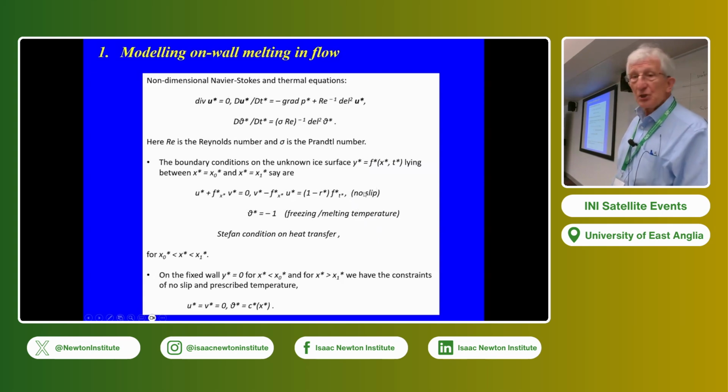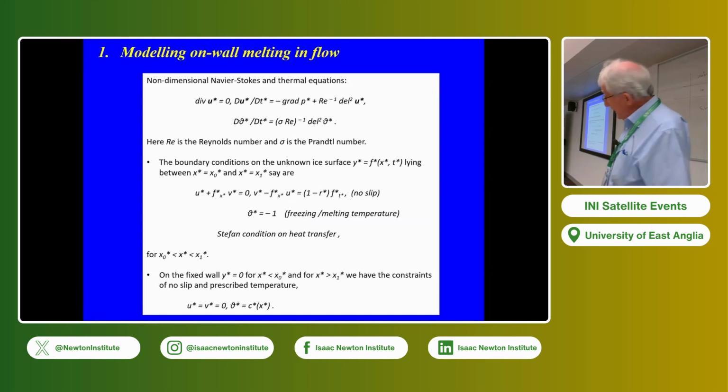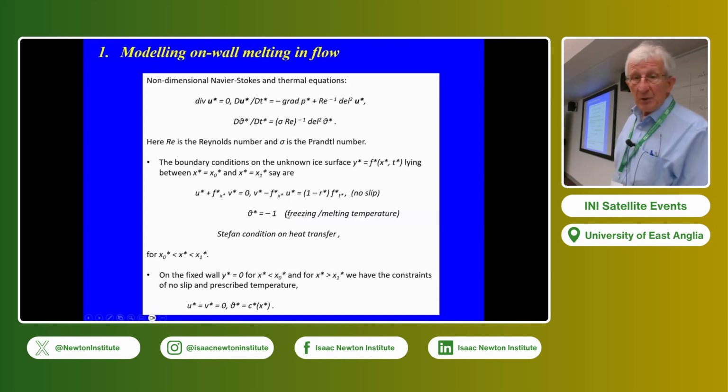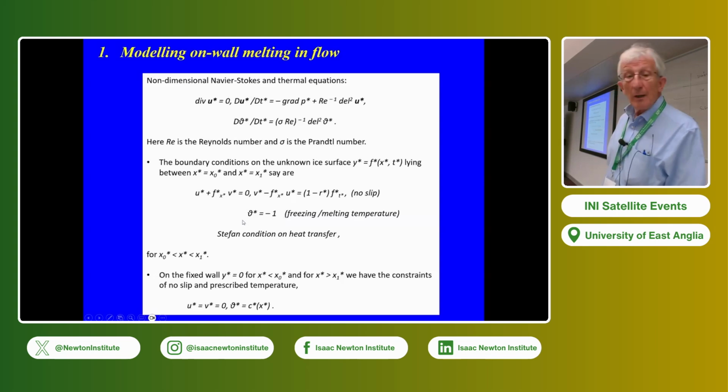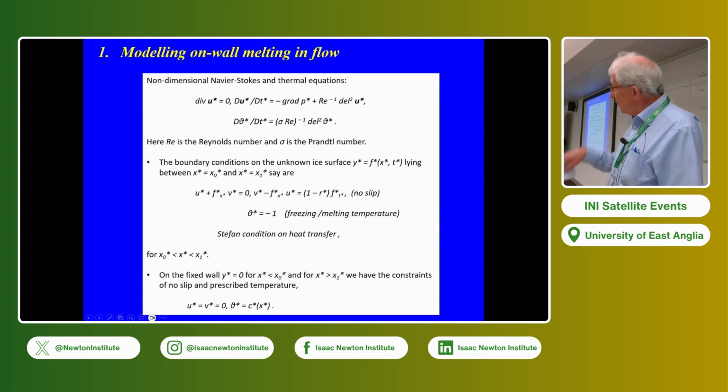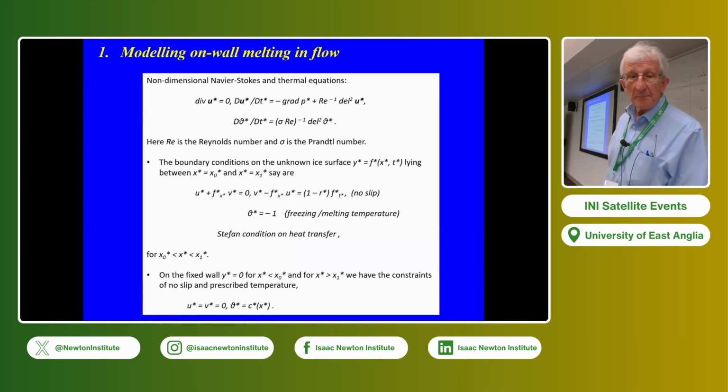So a no slip condition on the u and the v, involving the density ratio r star of water to ice. And then there's also a temperature condition that you must hit the melting temperature. That's been non-dimensionalized to -1. And then a Stefan condition involving d theta dy, which we'll show in a minute.